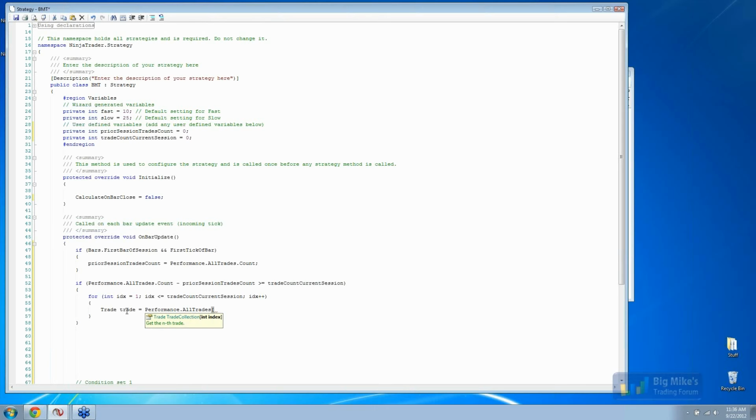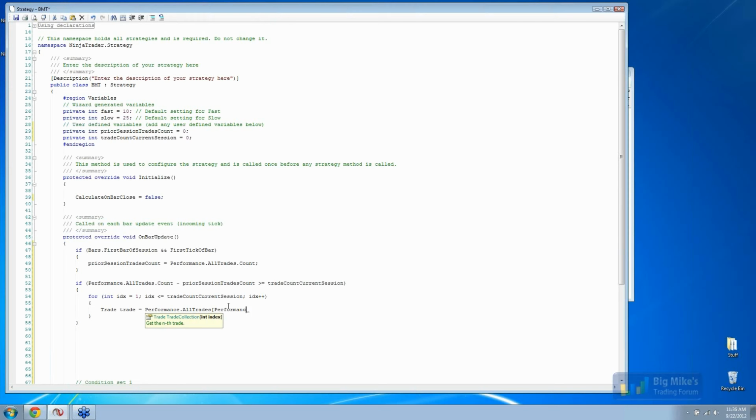Since I'm trying to grab the last 3 trades, I want to utilize this loop I'm using right now to determine what index value I want to access. Remember, the most recent trade is the last index value, and the last index value is actually just the total count of this trade collection.